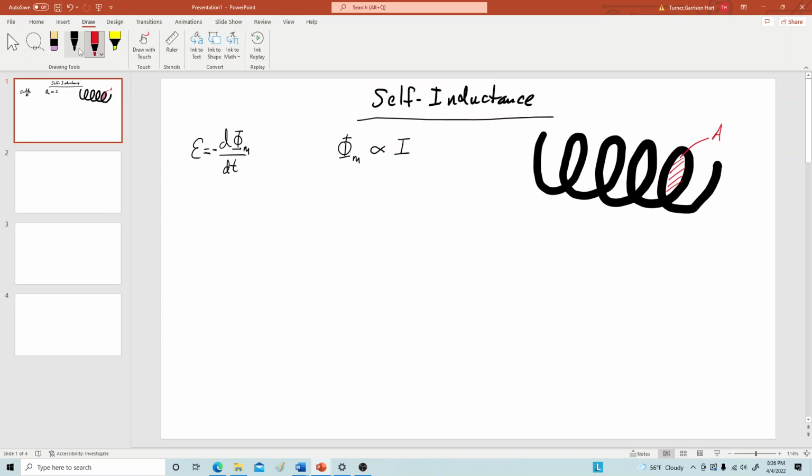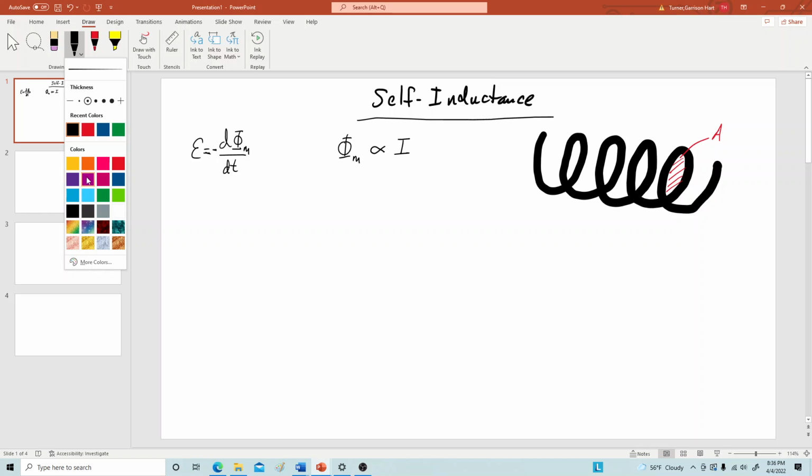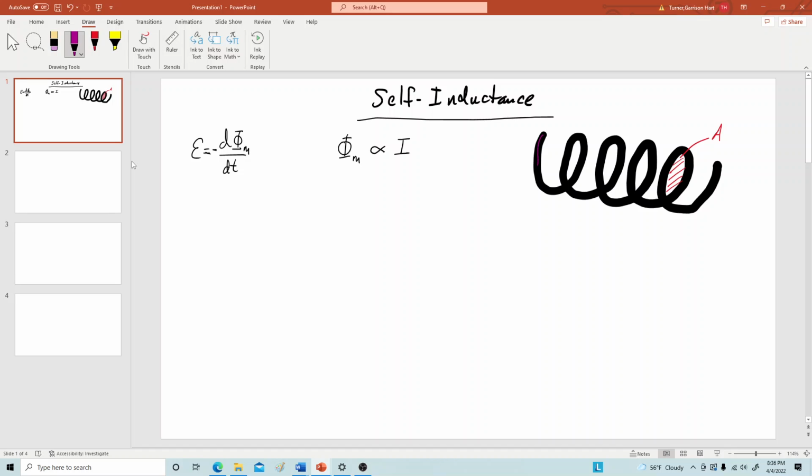And let's draw current in purple, for example. Let's imagine for a moment that the thickness of the purple line is indicative of the strength of the current.